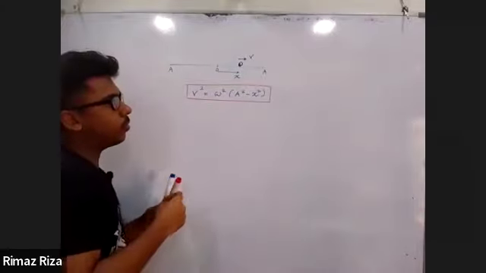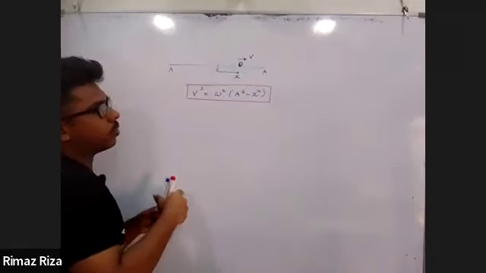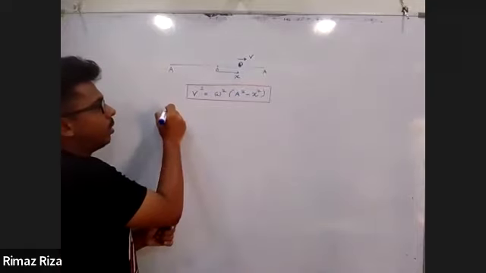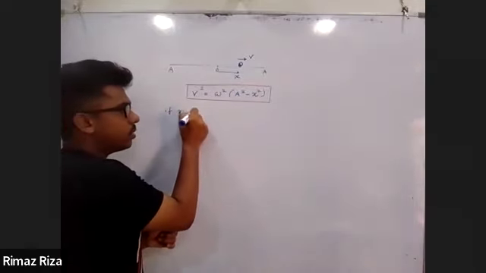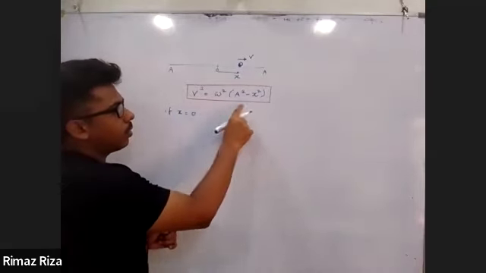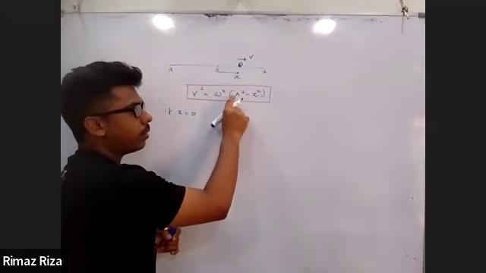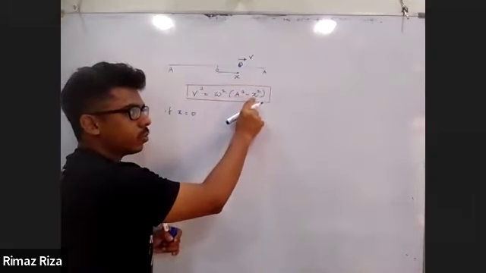So this formula gives the velocity of the particle at any instant, at any displacement. From this formula, we can consider x equals 0. Here v squared equals omega squared times A squared minus x squared.